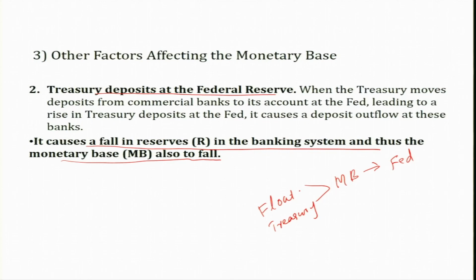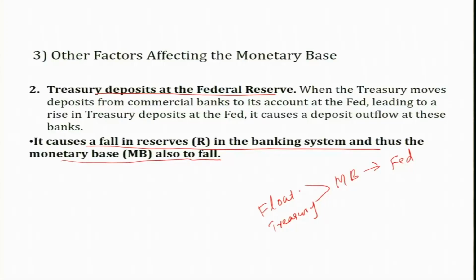What we have covered here is how the Fed, through open market operations and the discount window, can influence the monetary base, but there are other factors that also affect the monetary base which are not in the control of the Federal Reserve System.